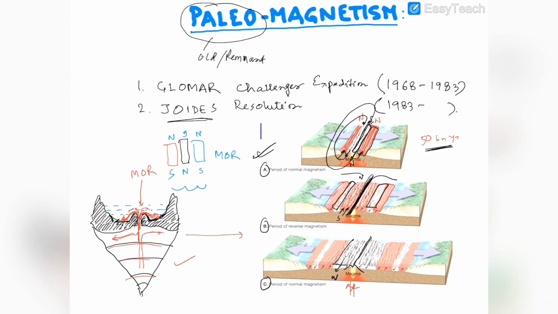Now this concept, during the 1960s, a Princeton University geologist, his name was Harry Hess, propounded one idea which was called seafloor spreading.